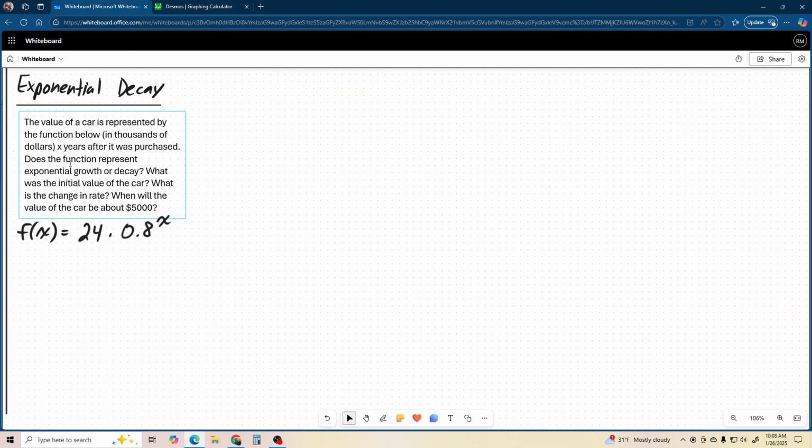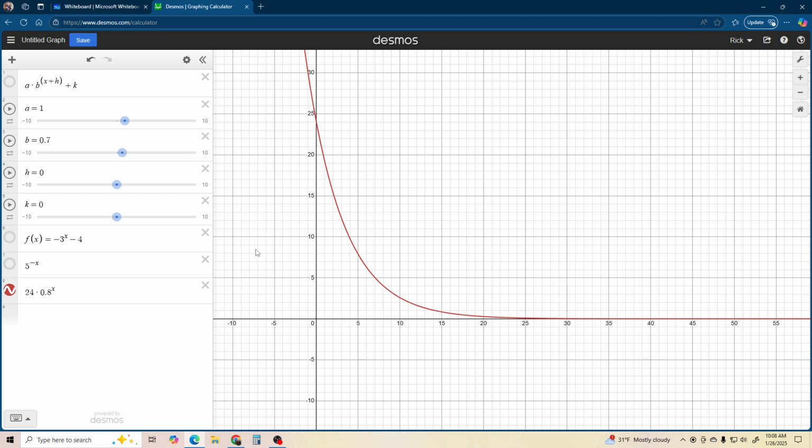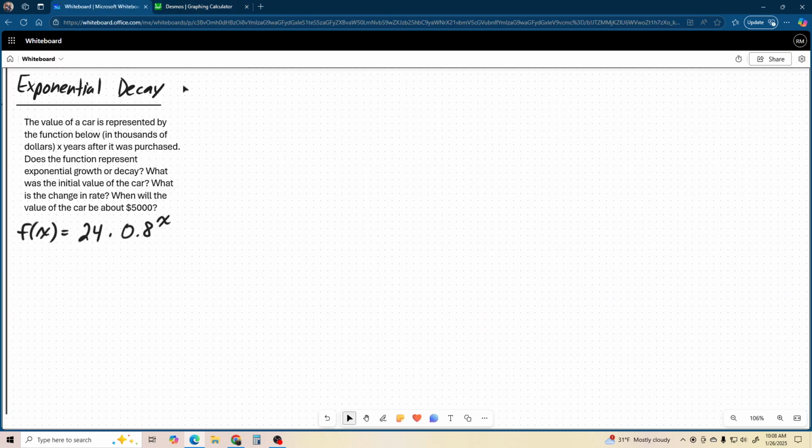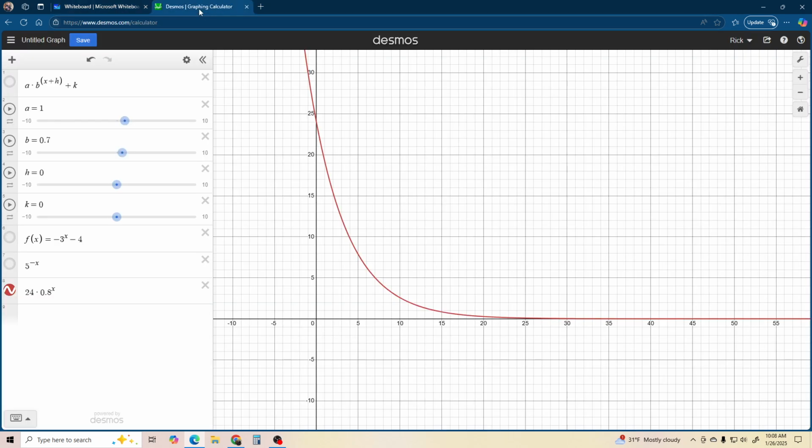Does the function represent exponential growth or decay? Well, what does this look like? It's decay. It's getting smaller and smaller and smaller. And let's explain why for a second. What is the initial value of the car? Well, the initial value of the car is what it is the year that we purchased it.